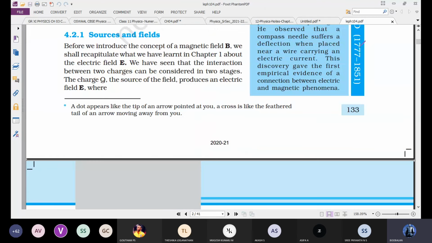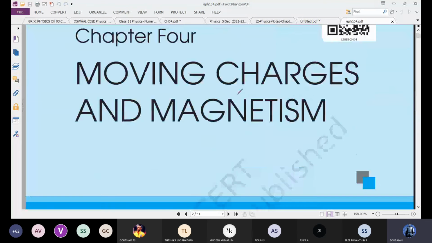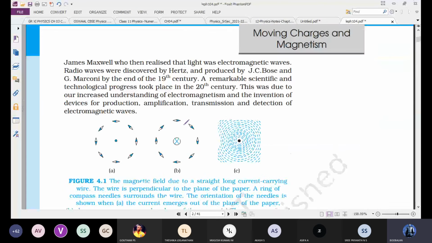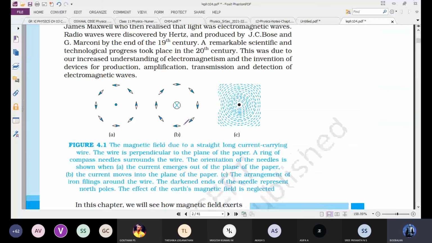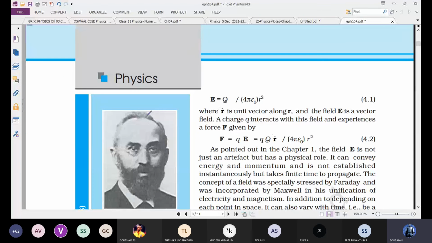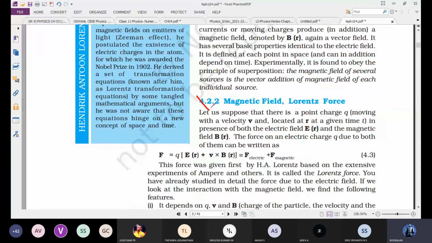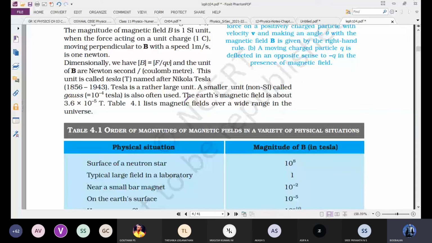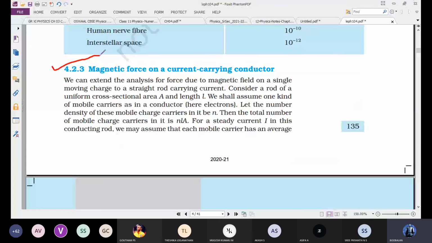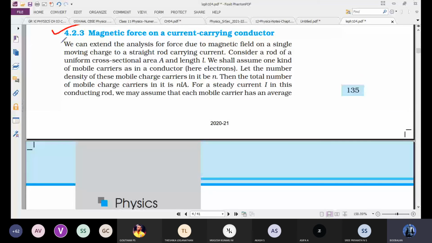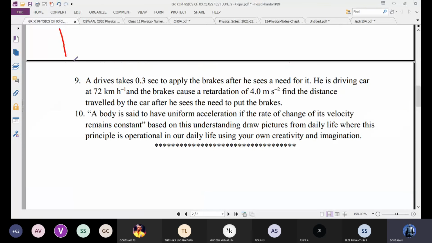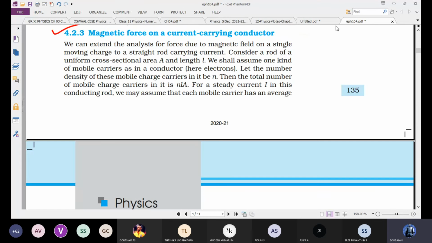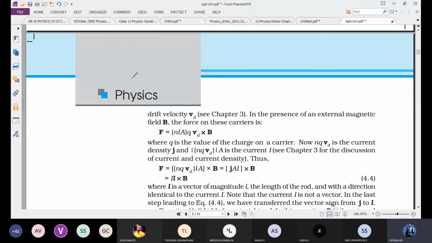Okay, in your NCERT book, moving charges and magnetism, the introduction part is completed. The magnetic force is completed. Magnetic field and Lorentz force completed. Magnetic force on a current carrying conductor, this one I want to explain, I will tell you more, don't worry.